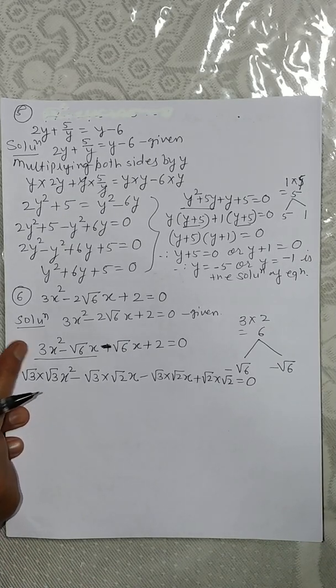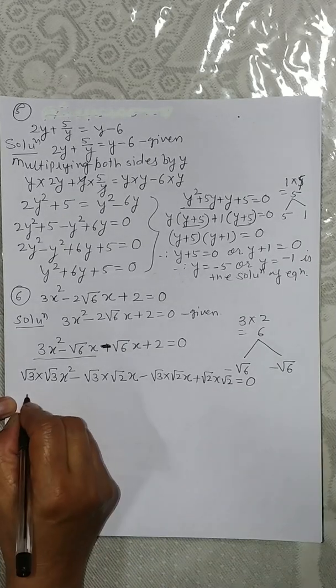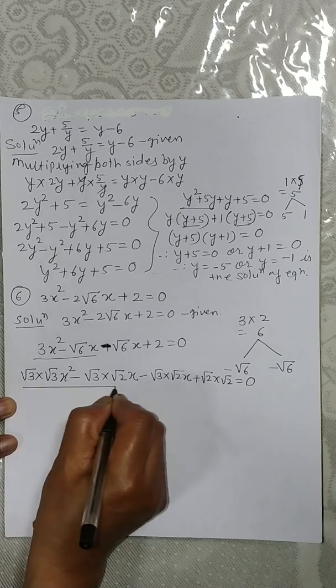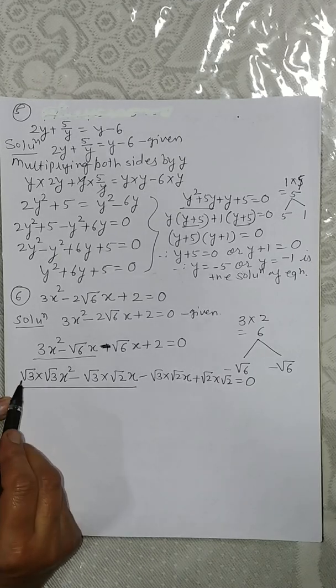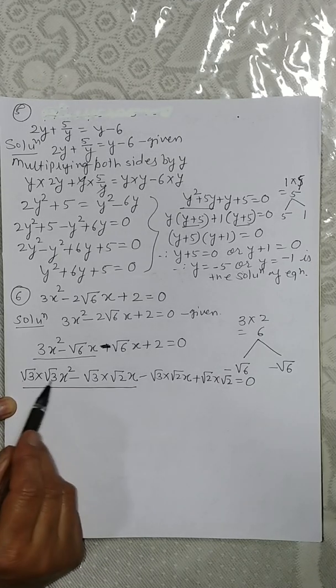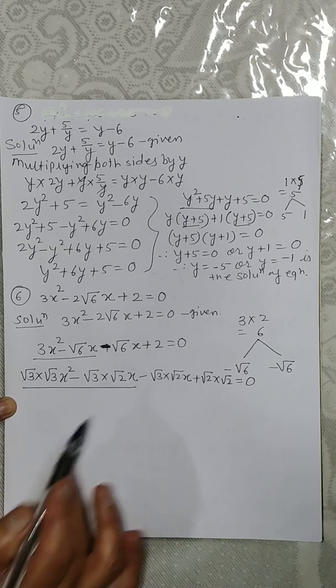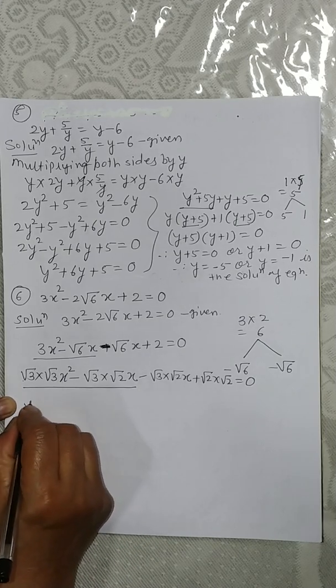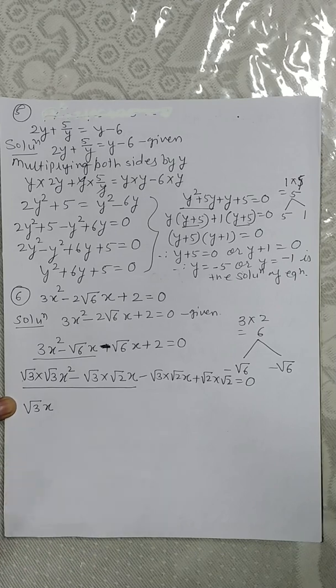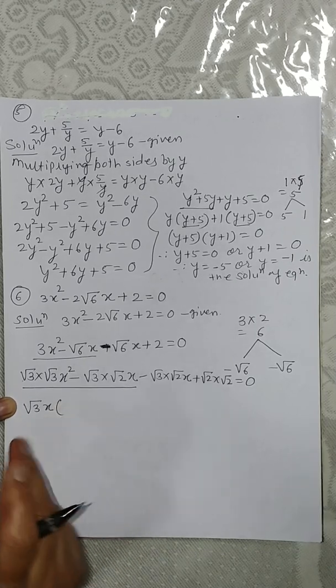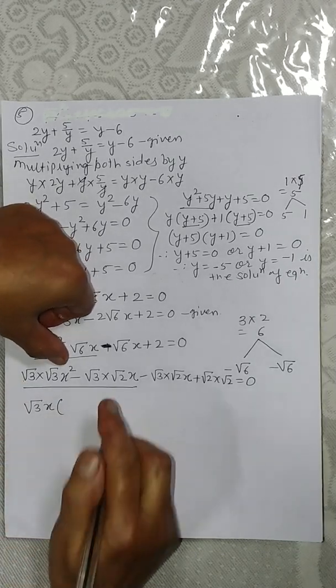This question is of 3 marks, and therefore now from these two terms we have root 3 here and here also, and here is x square and here is x. So the common factor is root 3x. So what is left here?